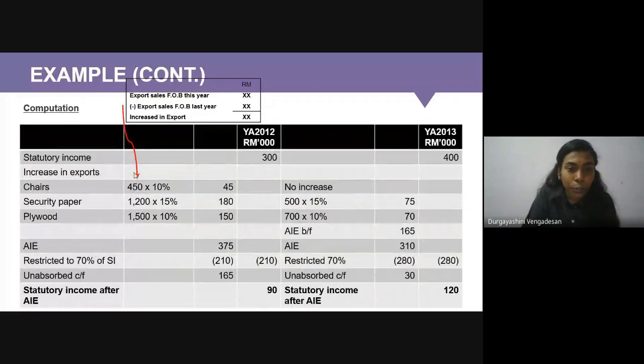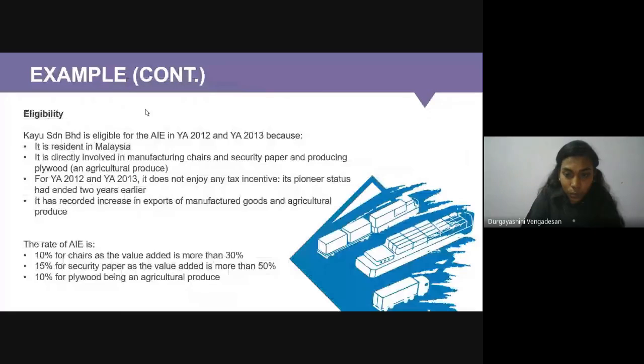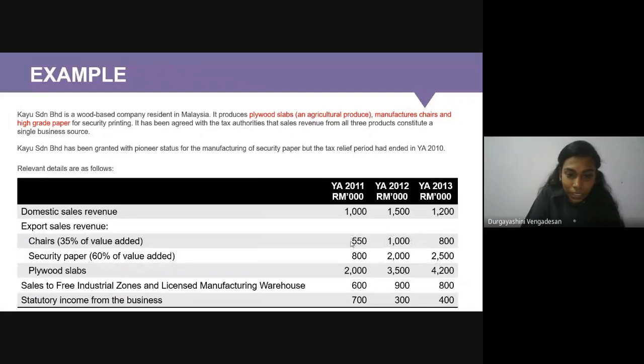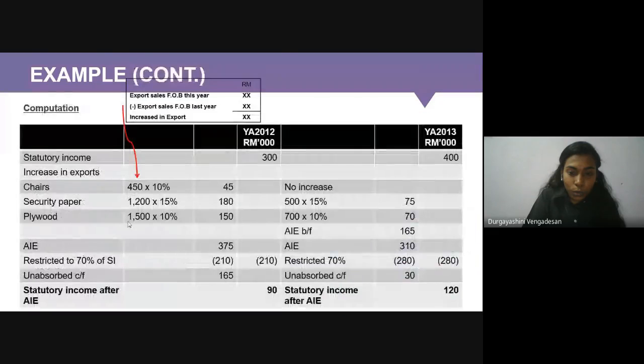We have to take the export sales from 2012 and minus the export sales of the last year. So we take 1 million minus 550, and we will get 450 times 10%. Why 10%? The value added is more than 30%, so the income exemption would be 10%.